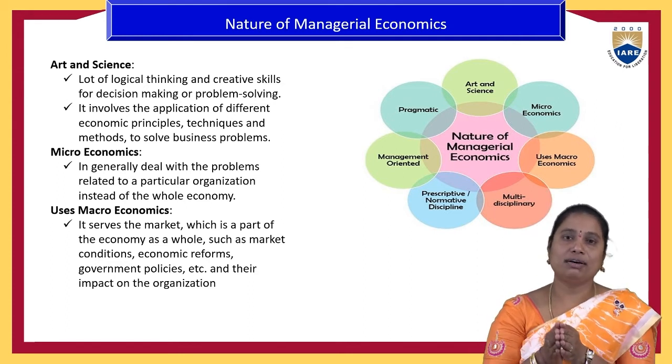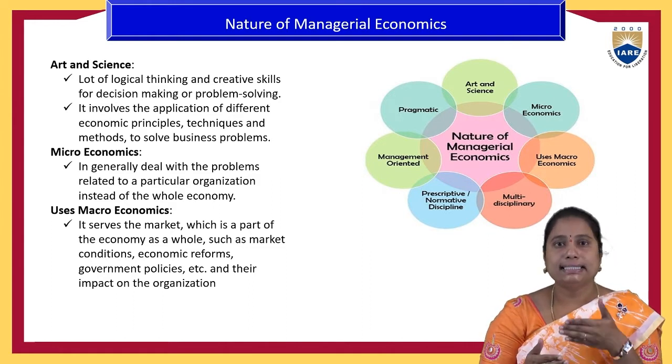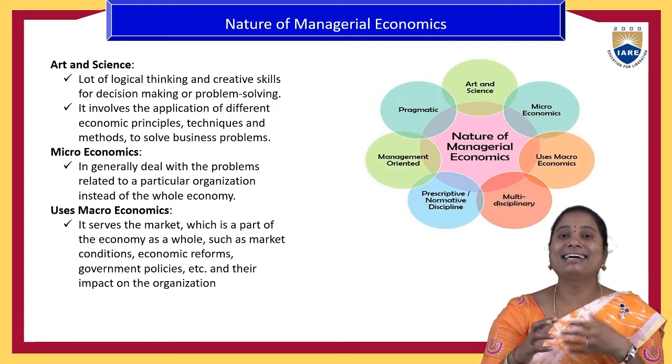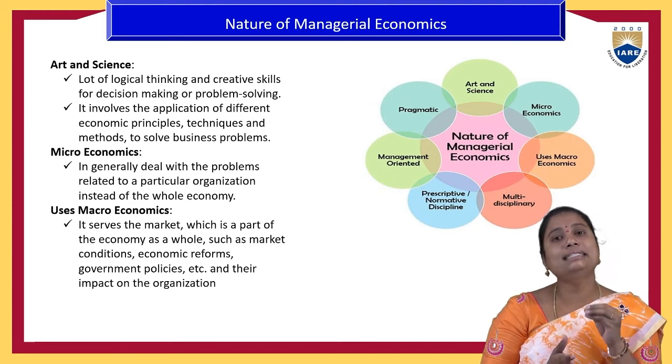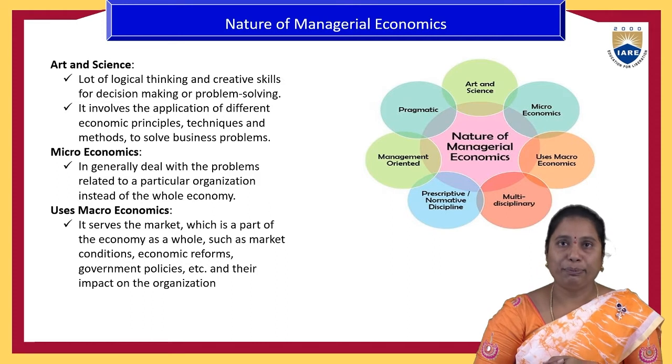One by one, the first thing is art and science. Art means it has some creative elements, and science means it has some realistic or documented proof.